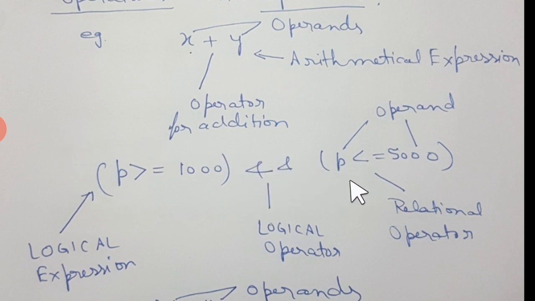So this entire expression is the logical expression, but these components are the relational expressions. And again I am telling you, they always evaluate to true or false. Alright. And that's why they are also known as Boolean expressions, because they give their result in the Boolean data type. Okay. I hope you have found it quite easy.